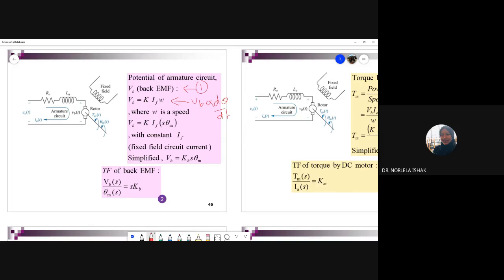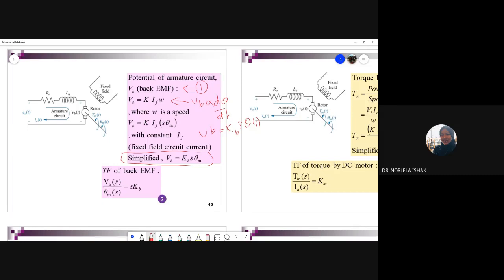So from here VB equal, we replace with one constant gain, KB. KB is a constant gain for back EMF, and d theta over dt we can write as theta S. Or simplified, you can get this. This is equation number 1 for the DC motor.